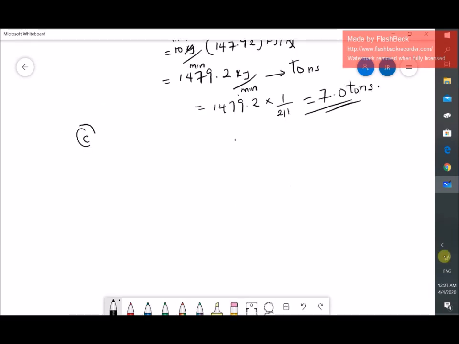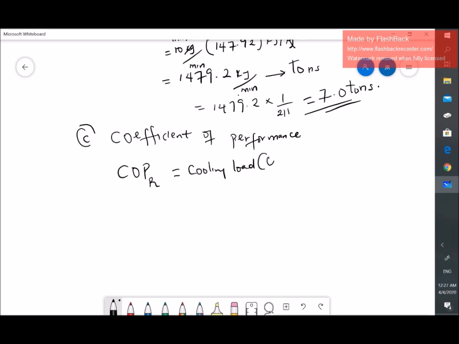Alright, for the last question C, we are asked to find the coefficient of performance. In this case, for a refrigerator, the COP is equal to the cooling load, which is QL, over the net work.